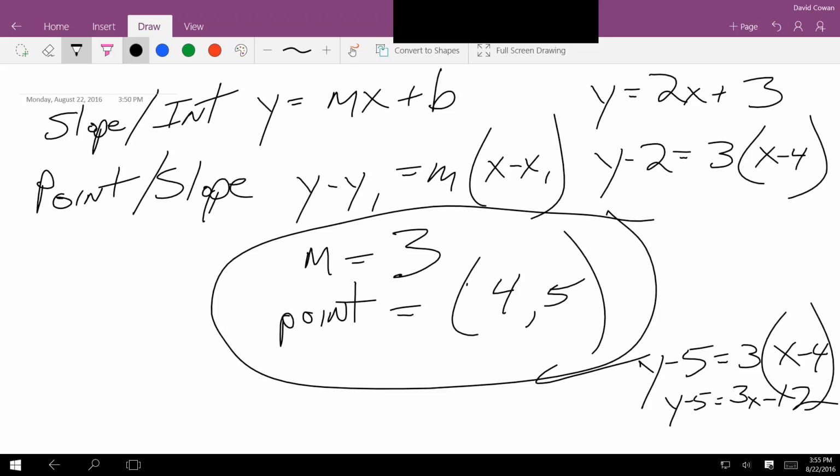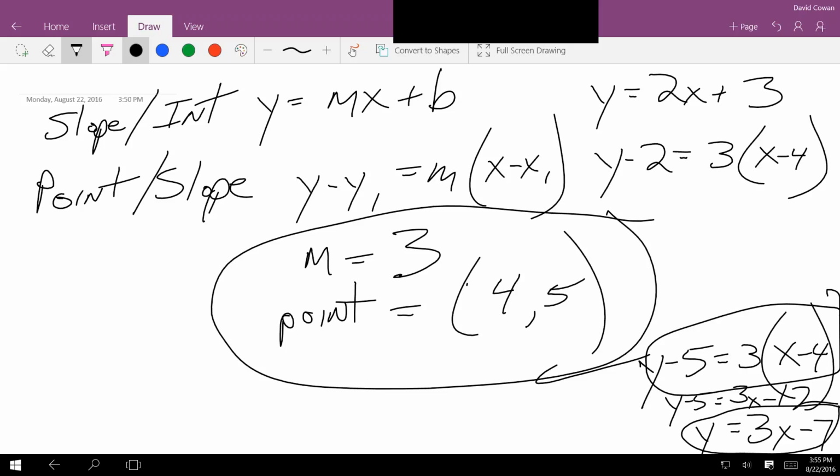Now move the 5 over. What do you have? Y equals 3x minus 7. Yeah. So that's the same equation as that. It's just in slope-intercept format instead of point-slope.